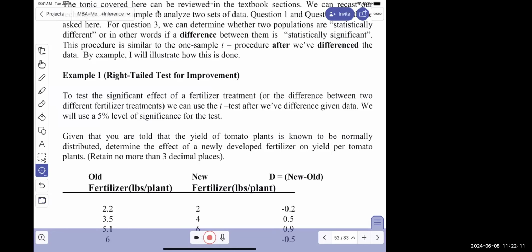So here's an agricultural example where we have plotted, let's just imagine that we did this properly, some tomato plants, and we say that the yield, so their production, is known to be normally distributed.